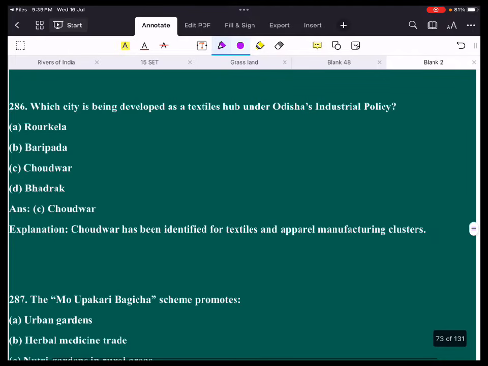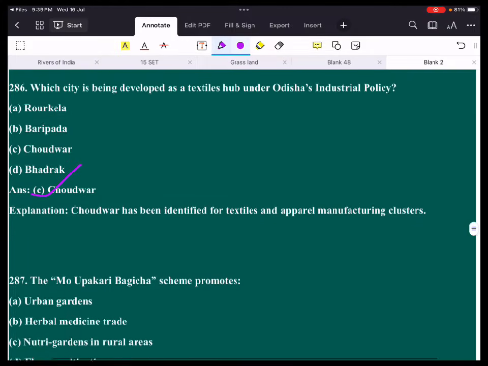Which city is being developed as a textiles hub under Odisha Industrial Policy? That is Choudwar. Choudwar has been identified for the textile and apparel manufacturing cluster.